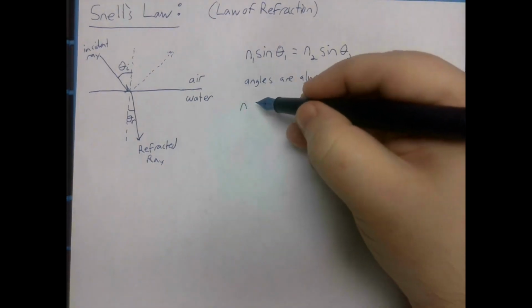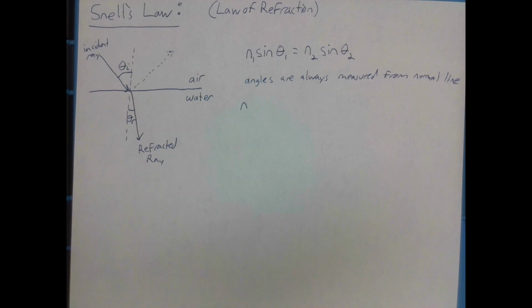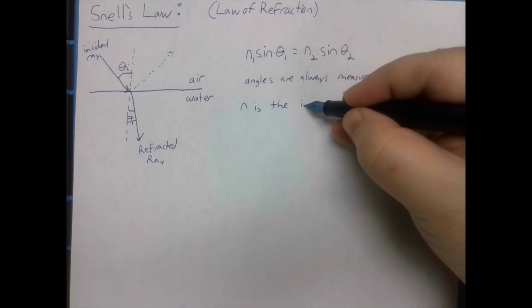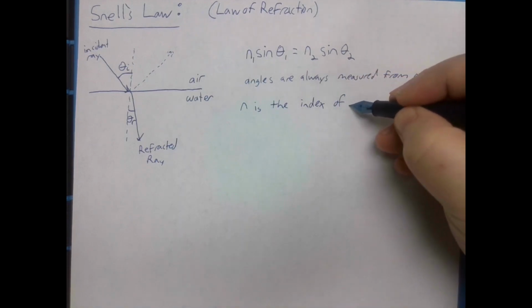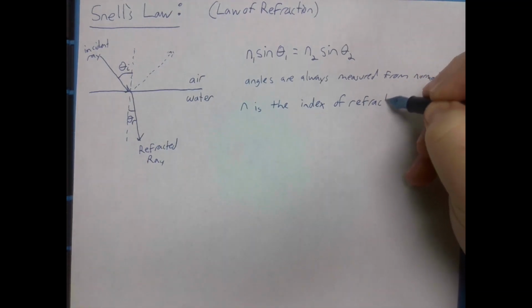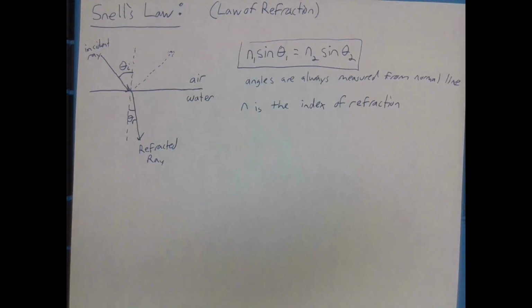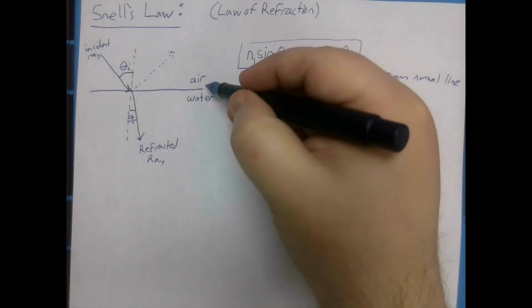And N is called the index of refraction. This line can also be called the interface.